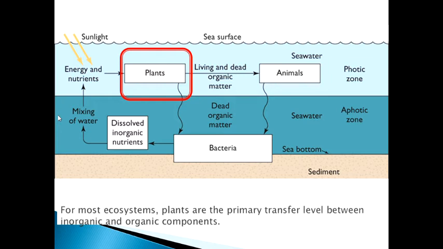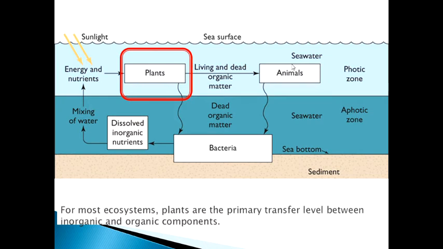And so you see here in the upper left, sunlight, solar radiation penetrating the water. That plus the nutrients in the water, that's what starts the plants growing. These plants then, either living or dead, are eaten by animals, and then that whole ecosystem functioning that we showed in the previous slides goes through.